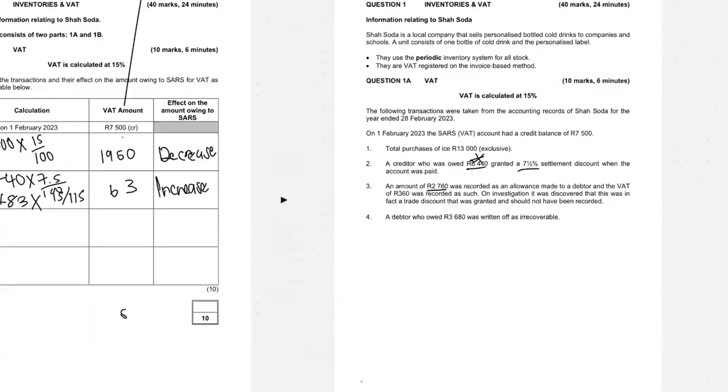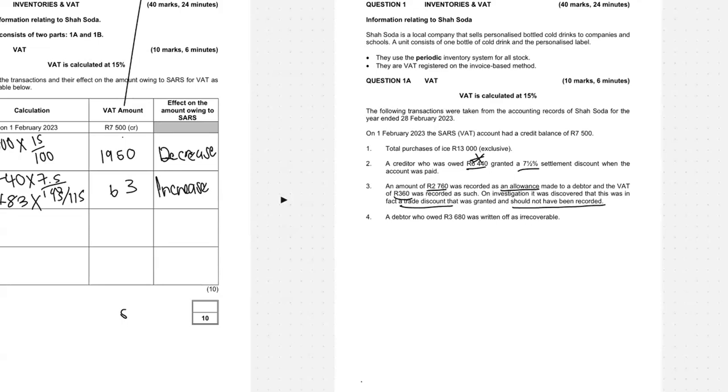An amount of 2,760 was recorded as an allowance made to a debtor, and the VAT of 360 was recorded as such. On investigation, it was discovered that this was, in fact, a trade discount that was granted and should not have been recorded. Now, in the previous question, we were dealing with a settlement discount, meaning when you go and pay off a debt and then they give you a discount. A trade discount is when you go to the store and they tell you this is 50% off or this is 25% off.